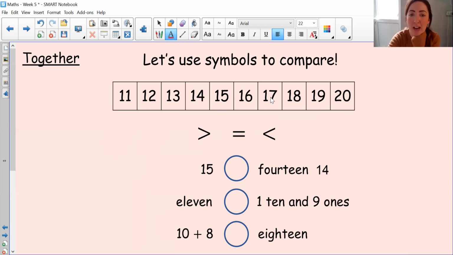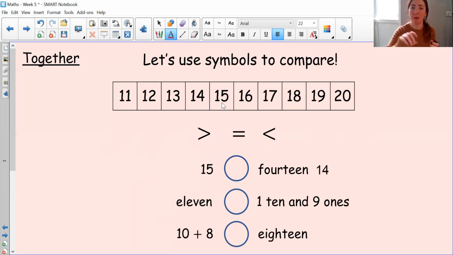Now, let's look at the number track to see whether 15 is less than, greater than, or equal to 14. So here is 15, and here is 14. So what do we know about using a number track to work out whether a number is less than or greater than? Can you tell me? So if a number is greater, it will be further along the number line, won't it?